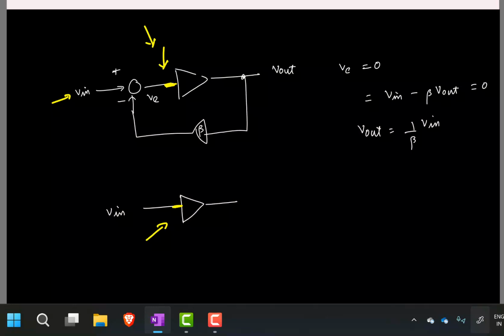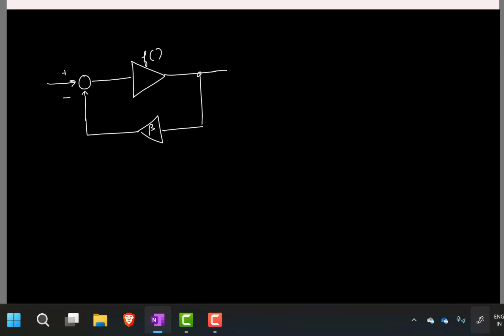Now, there is one other way in which you can interpret it that gives a better understanding also. Say I have the same guy. I'll say that this is some nonlinear function f. This is V in, V out, V e. So if you look at it, first the input is converted into an error signal, right?